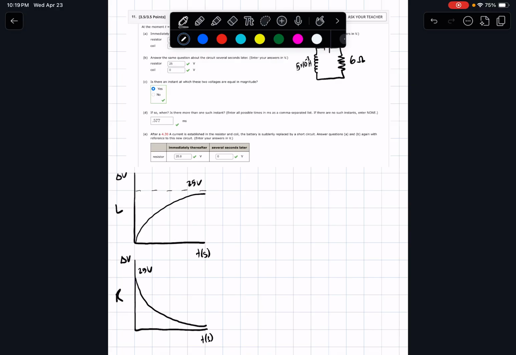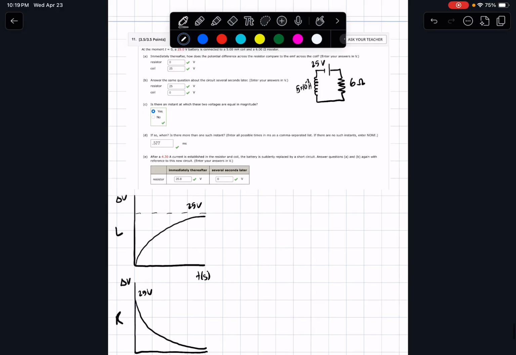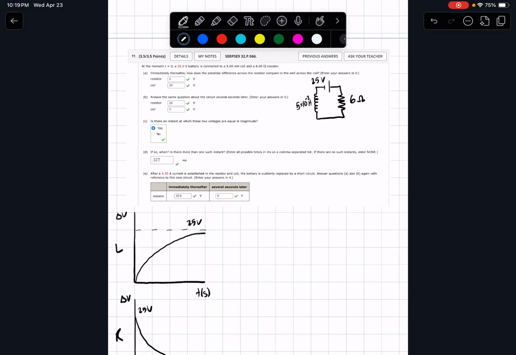So therefore, it would be at the maximum value, which is all the voltage from the battery, 25 volts. So since it's 25 volts going into the resistor, there's 25 going in and going out.